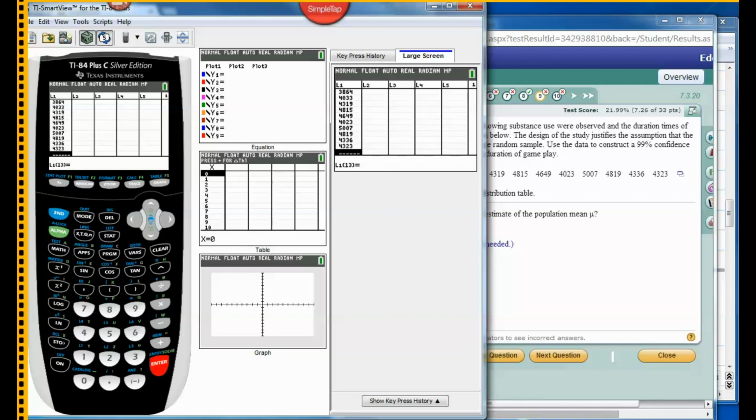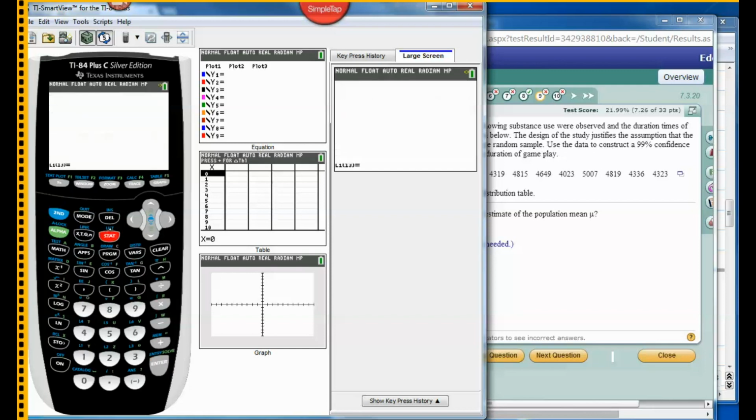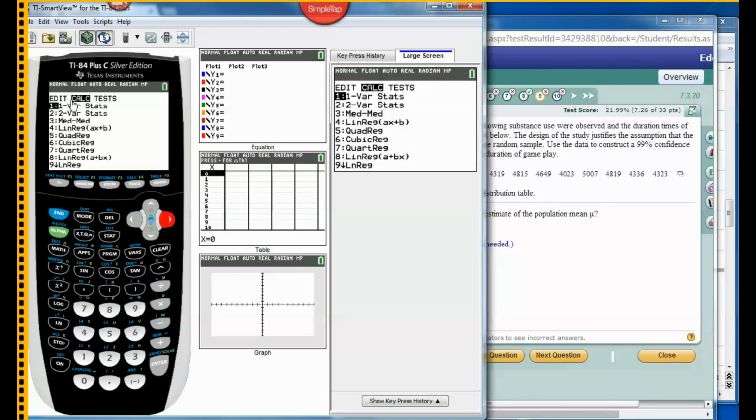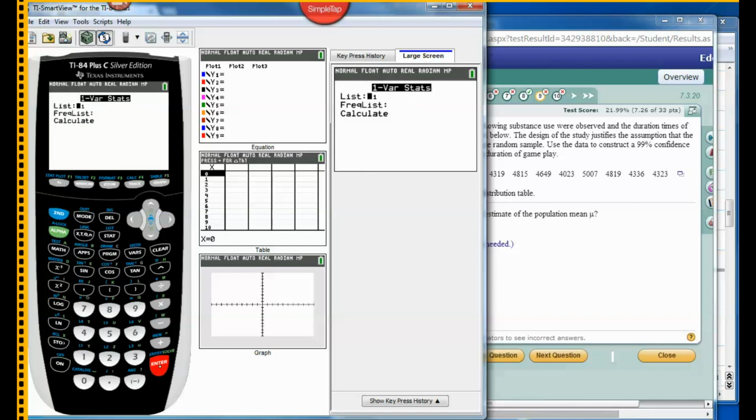So I want to figure out the sample standard deviation. I need to go to Stat, and then over to the right one is Calc, one variable statistics. And now I want that for list 1.